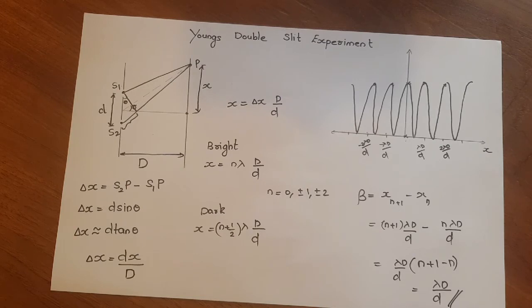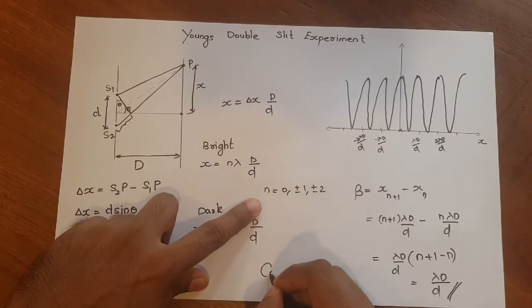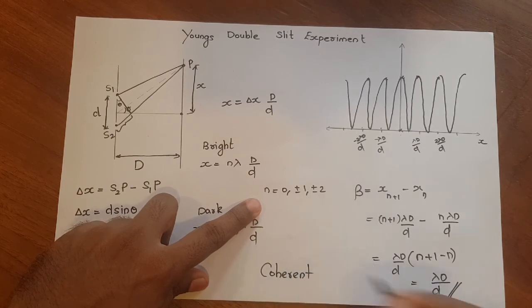What was the condition? We discussed in the last class that for obtaining bright and dark fringes, the frequency should remain the same, and if there is a phase difference, that phase difference should be constant. Such sources are called coherent sources.